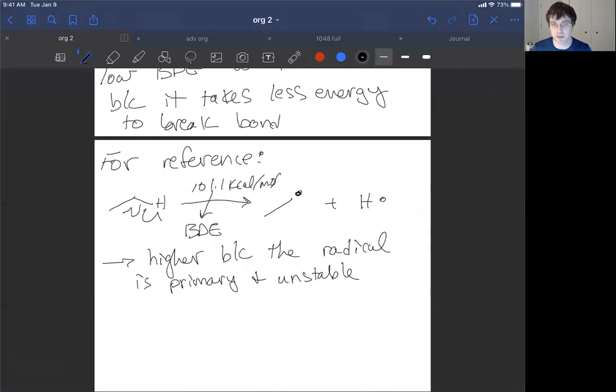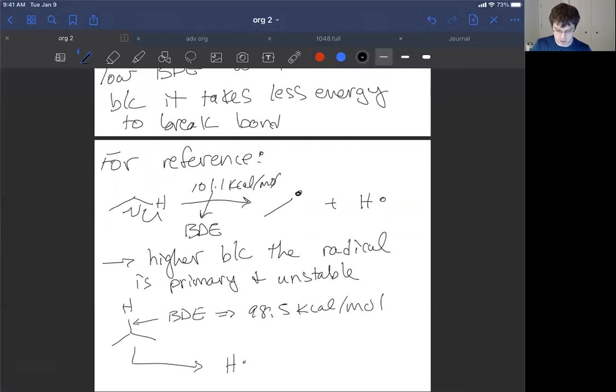Let's look at some more stable radicals, okay, that we could form. How about we take the central carbon-hydrogen atom of propane? Well, it turns out that to cleave that in half, to get the two free radicals, you would have to supply 98.5 kcals per mole. So you can see that this bond dissociation energy is dropping as we go to something that results in a more substituted free radical.